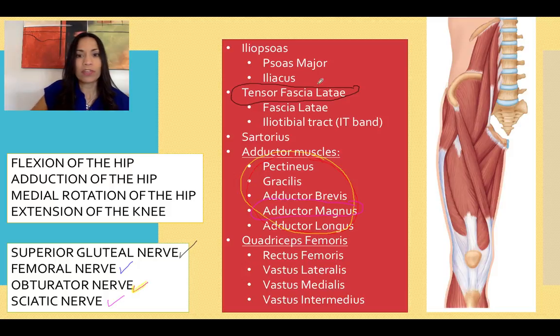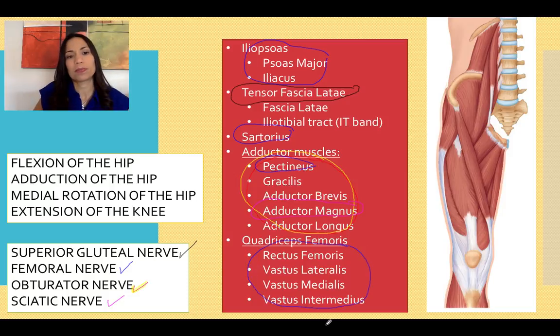The femoral nerve innervates everything else. So it innervates both the psoas major and iliacus, forming the iliopsoas, innervates the sartorius, sometimes the pectineus, and innervates all the quadriceps muscle, the 4 heads of the quadriceps.